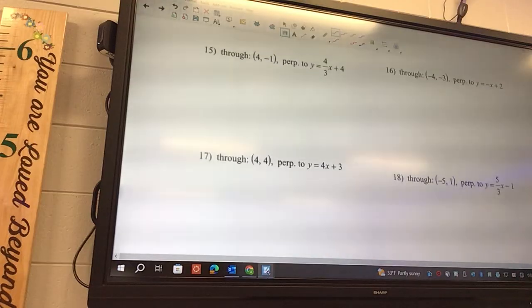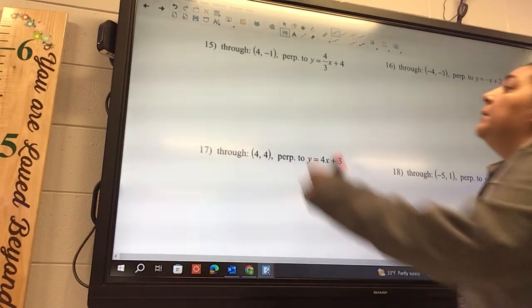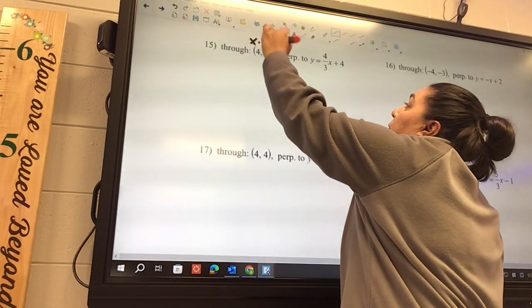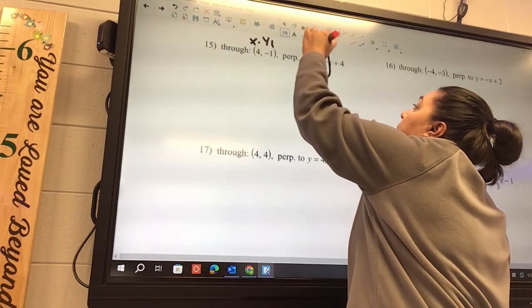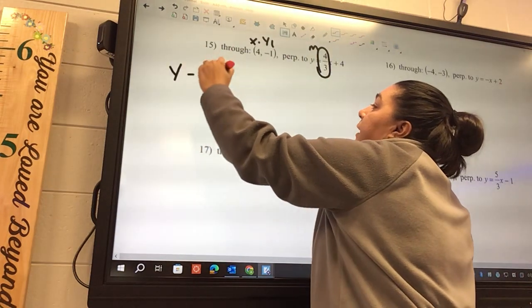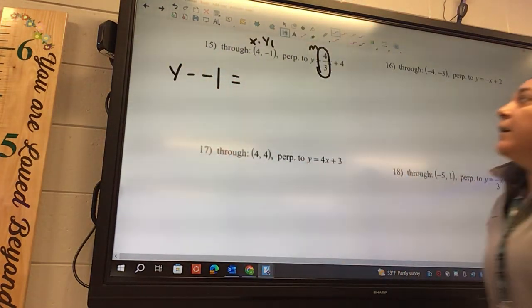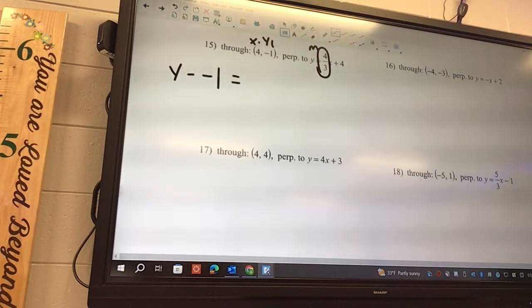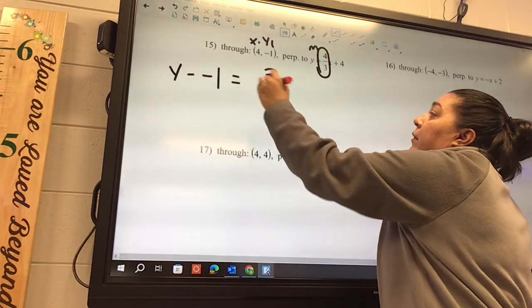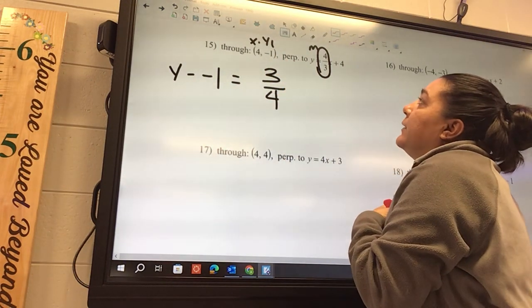Number 15. We've got x1, y1, and this is my m. So it's going to be y minus -1. What is going to be my new slope? We need to flip it. So what's that going to be? 3/4 and change it. So is it going to be negative or positive?